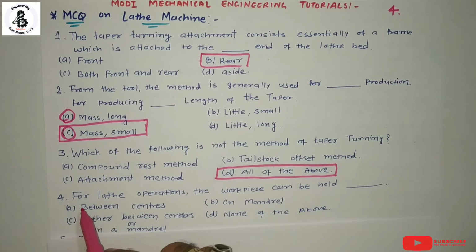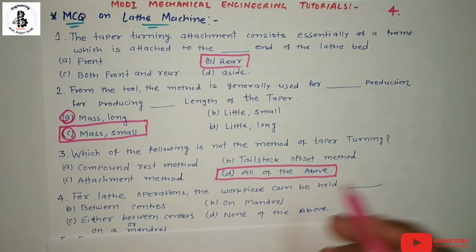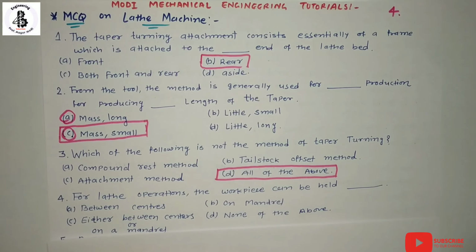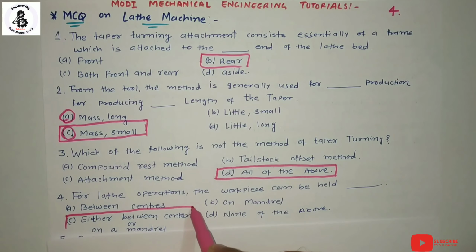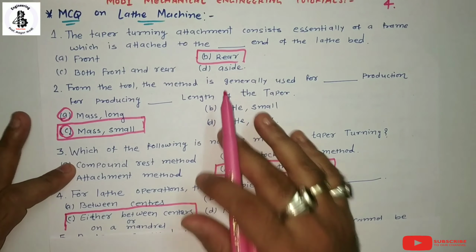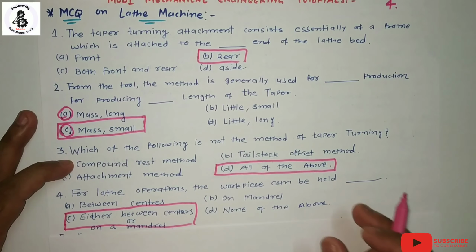So for lathe operations, the workpiece can be held either between the centers or on the mandrel. According to this, option C, either between the centers or on the mandrel, is the right answer. Then we will see the next question.